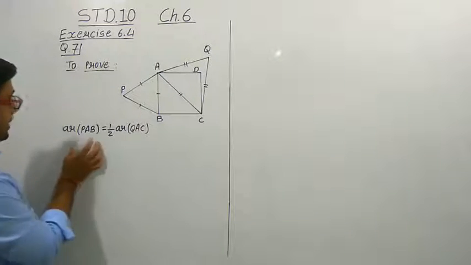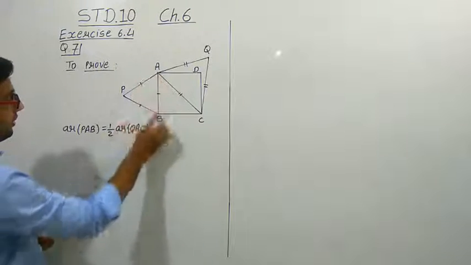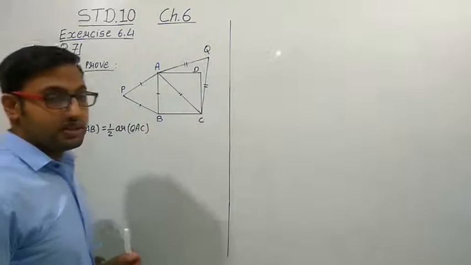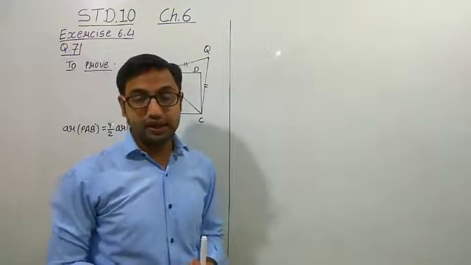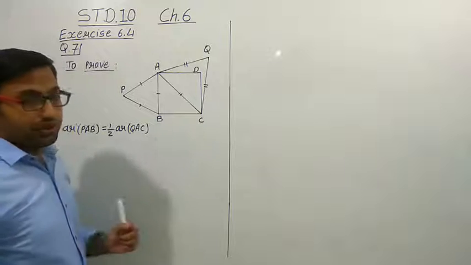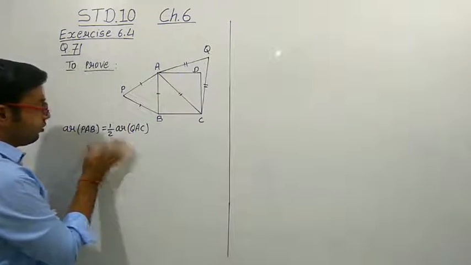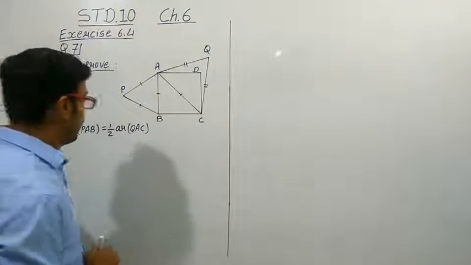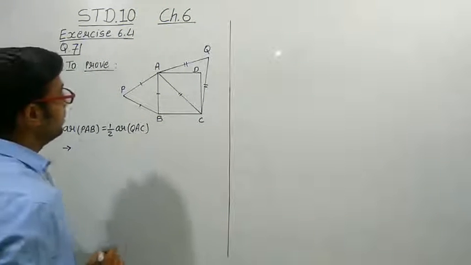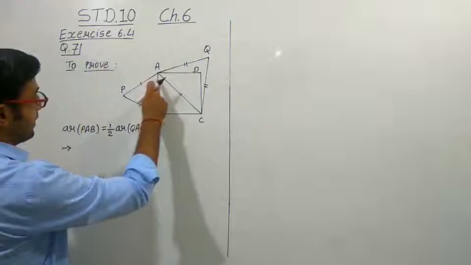That means area of PAB is half of area of QAC. This we have to prove, right? Understand? So this is the diagram that we have drawn from the question, and this is what we have to prove.